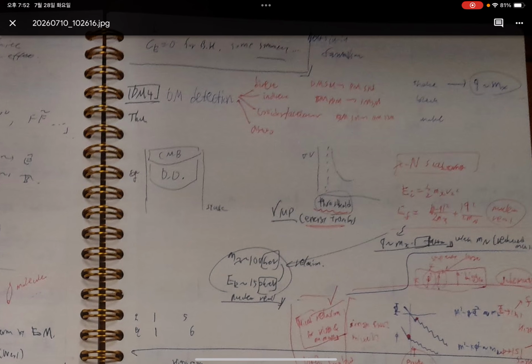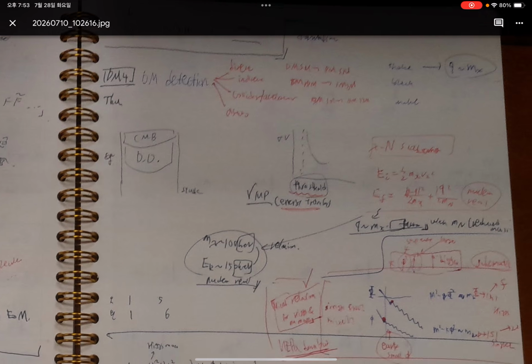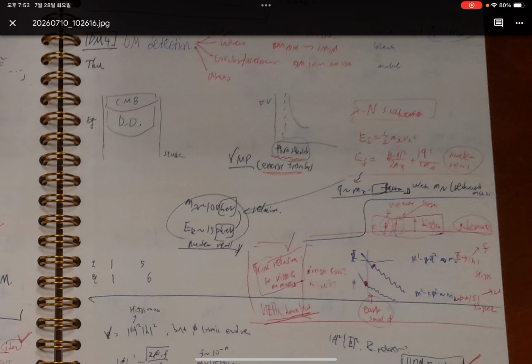There are several ways to detect dark matter. The direct detection uses scattering between the dark matter and the particle, and in the indirect detection case they use the decays of the dark matter and the nuclei, as such. The dark matter is produced by standard model collisions. We will focus on the direct detection of dark matter by using dark matter chi and nuclear scattering.